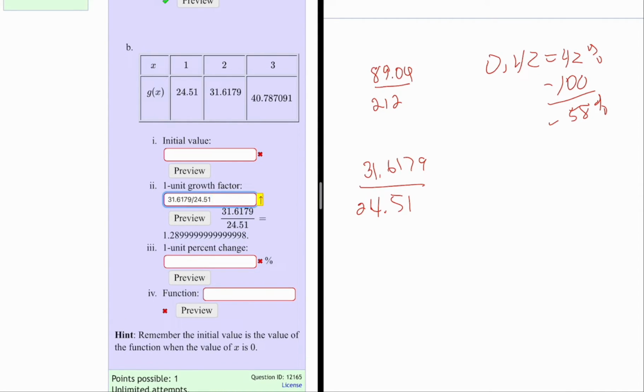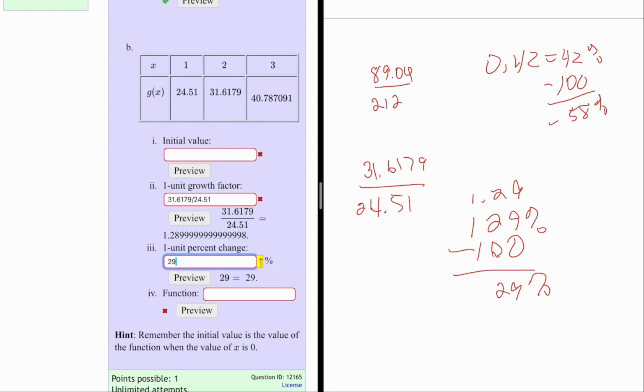Okay. Now, if you look at the preview, that looks like 1.29 or 129%. So if we take off 100, it's 29%. So the percent change is 29%, which is positive. Okay. What is our function? Well, not yet. I need to know the initial value. So if I was one ahead, that 24.51 is the first one. I need the 0 value. So I need to divide off the growth factor.